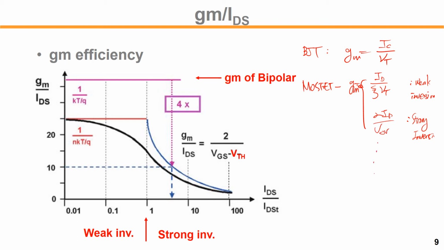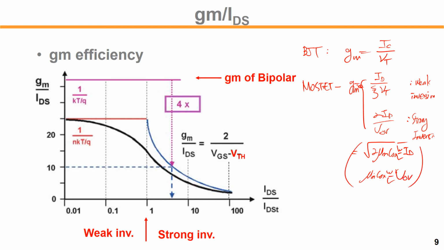There are other equations, other variations: the square root of 2 mu n Cox W over L times ID, or mu n Cox W over L times V overdrive.